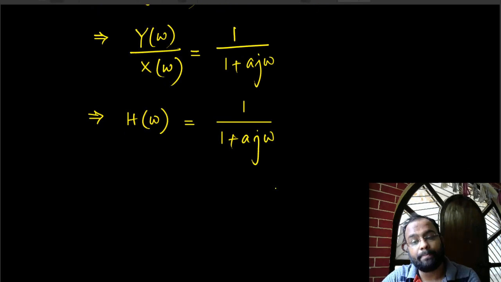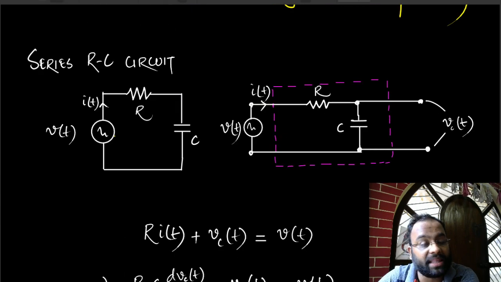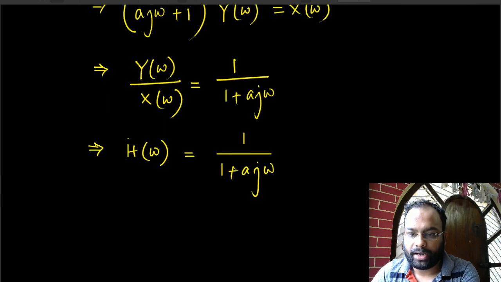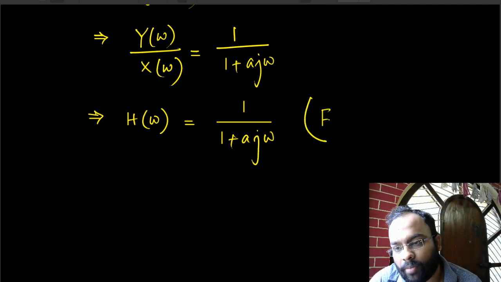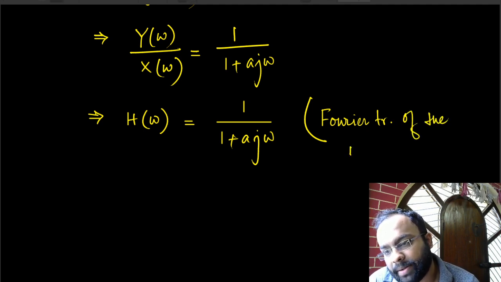So this is the impulse response of the system. When the input is an impulse, again try to understand, we haven't considered any specific input here. We are doing this for any valid input, finding a generalized expression. Now this is the Fourier transform of the impulse response.